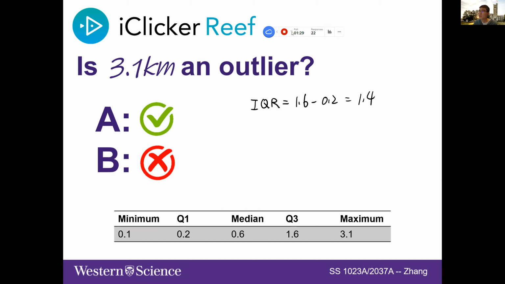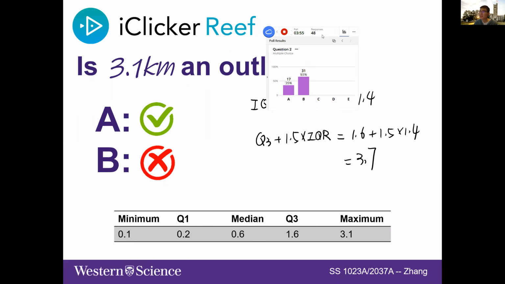I'll give you more time. So basically it's 1.4. And because 3.1 is probably quite large, we look at the upper bound, right? The upper bound is determined by Q3 plus 1.5 times IQR, which is given by this value, 3.7, right? Then the next step is very simple. You just compare this point with 3.7, right?